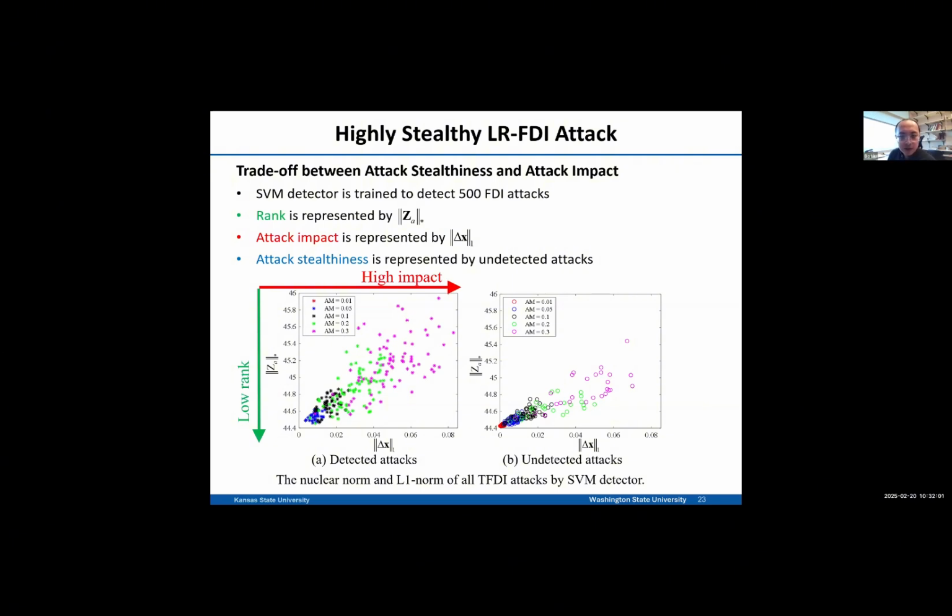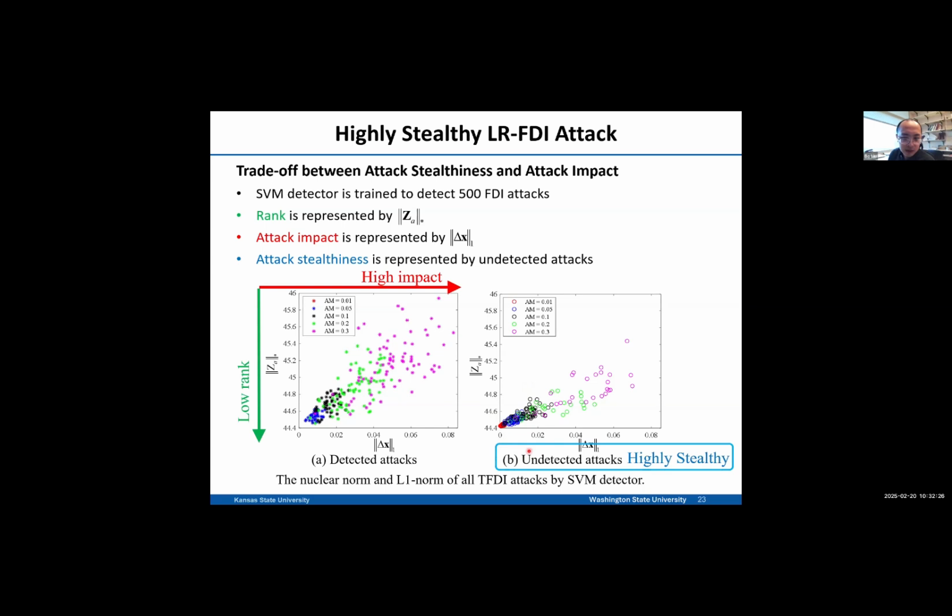Then the SVM detector is used to detect the 500 attacks. All the detected attacks are shown in the left figure, and all the undetected attacks are shown in the right figure. In this case, the right figure shows the attack stealthiness. So here is what we find in this figure. Let me use my pointer.